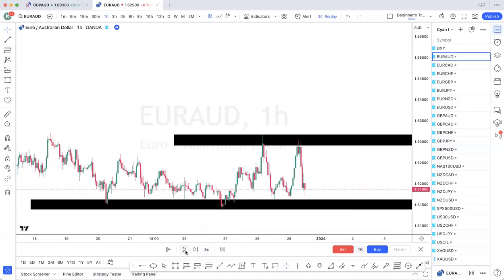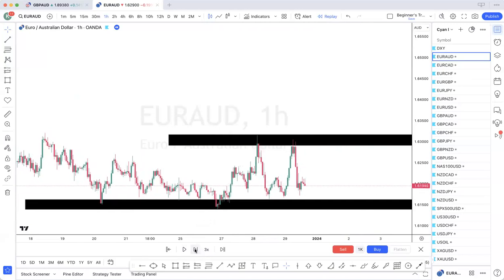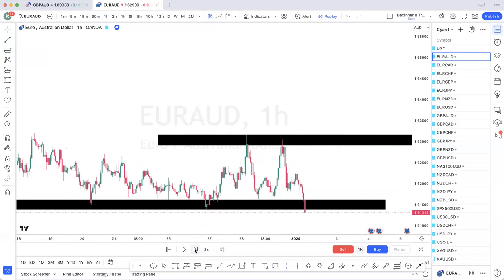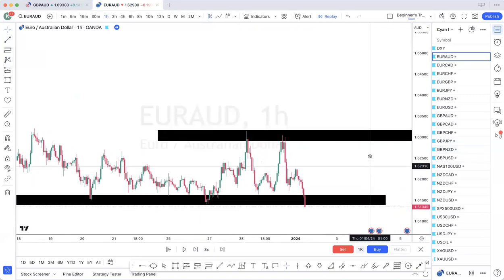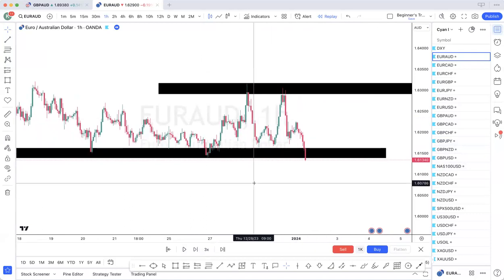So if we lay this out, you do nothing until it gets to the zone. So we have a zone here, it's in the zone. You see that it has broken this low. It has broken that low.